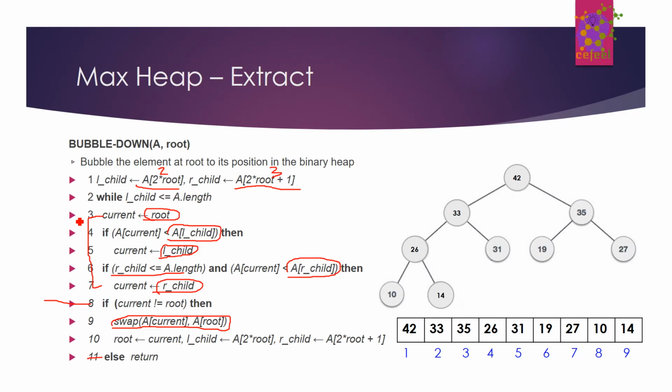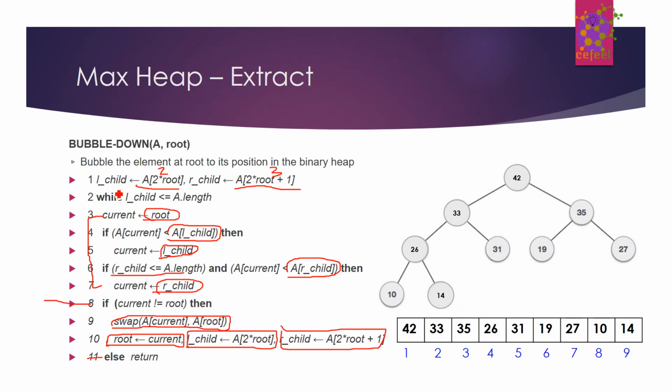So once we swap the current and root, now we have to move to the new subtree. To move to the new subtree, we assign root as current. So now root points to the new child, whichever was replaced, and then we assign new left and right children: left child will point to 2 times the new node, and right child will point to 2 times the new node plus 1.